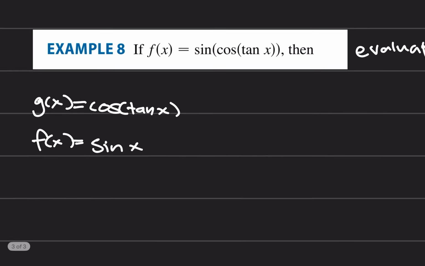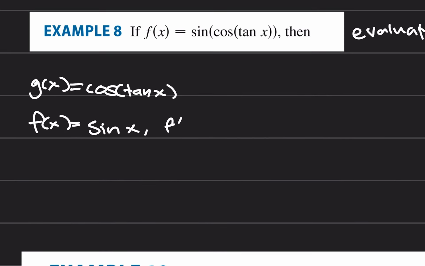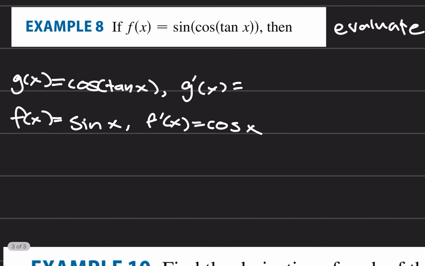Now, when we evaluate our derivatives, you could see f prime of x is going to be cosine, but this one right here, we don't know, right? We don't know the derivative of cosine of tangent of x. To do that, we're going to do chain rule again, right? So g prime of x is going to be equal to, I'm going to actually just do this pretty quickly. It's going to be negative sine, right?